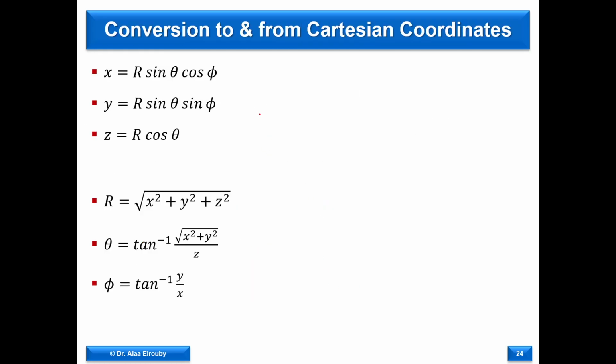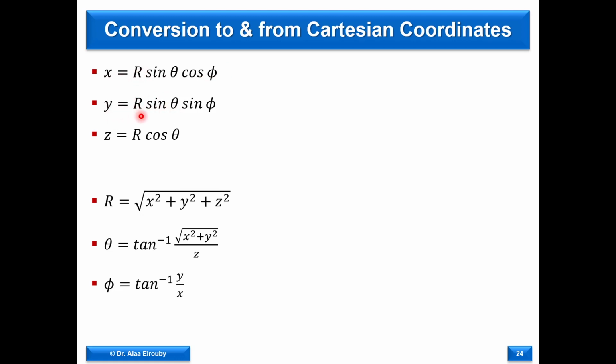So x equals r sine theta, which is the projection of OB on the xy plane, times cosine phi, the projection of the projection on x.